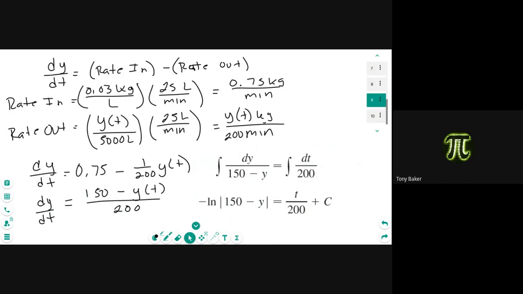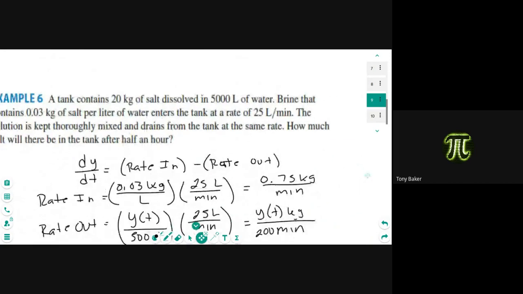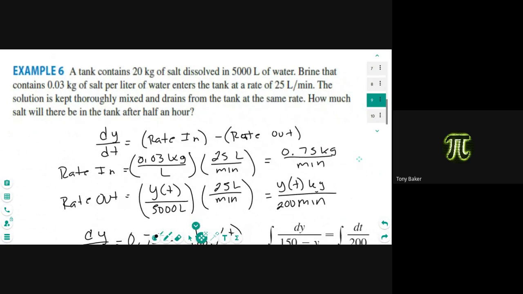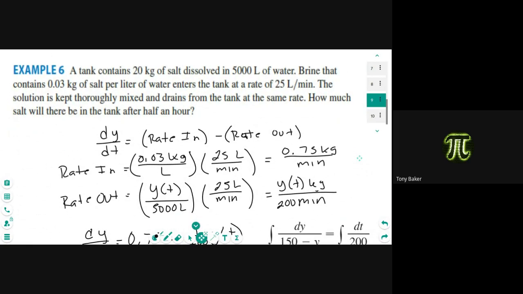Now, in this situation, we don't have to solve necessarily. So they gave me the values at the very beginning. There were 20 kilograms of salt in the tank at the beginning. So that right there says y of 0 is 20.